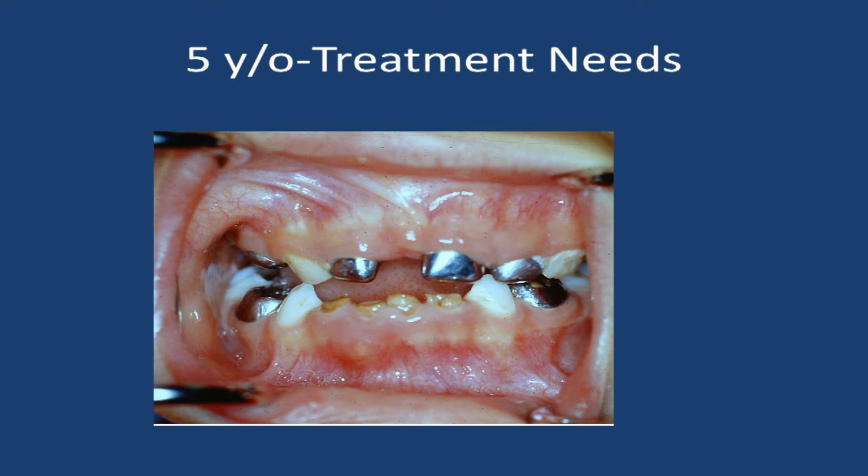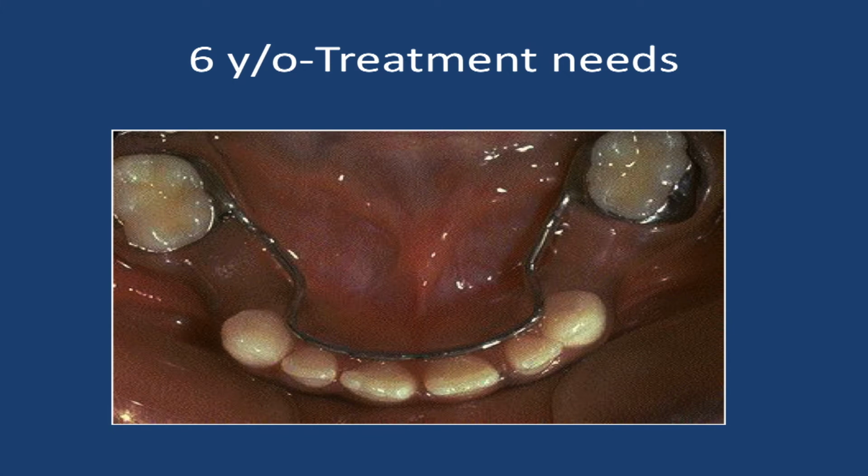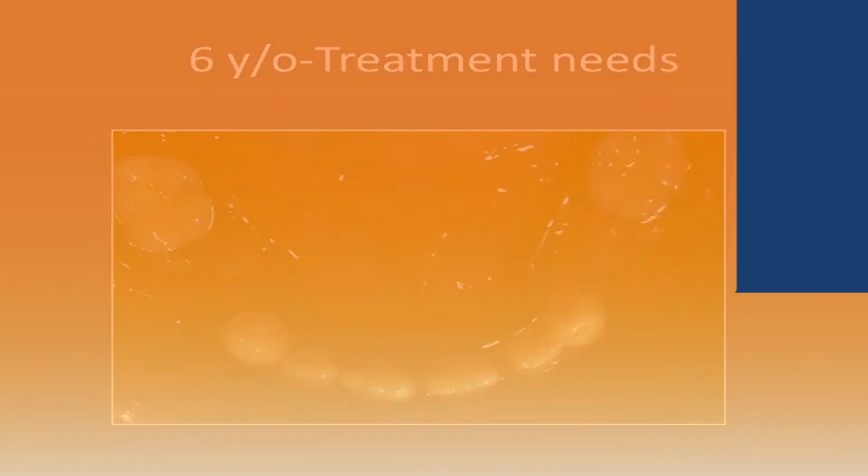So we can see there's a huge spectrum of children that are 2 to 5 years of age. And here is a patient who's a little bit older at age 6, requires some treatment needs and long-term observation and treatment of this spacing that was developed as a result of early tooth loss.